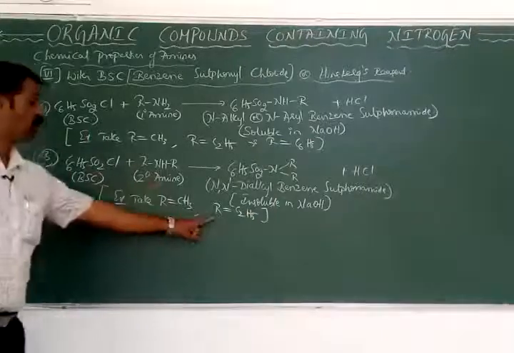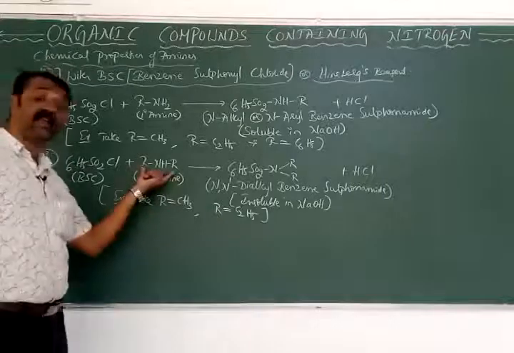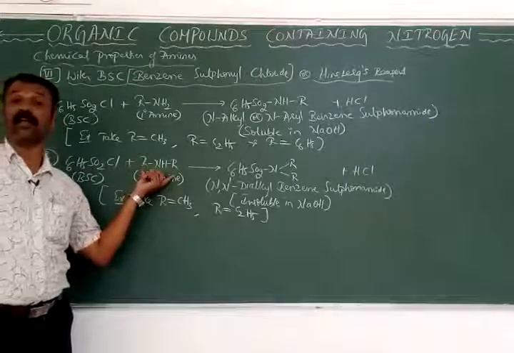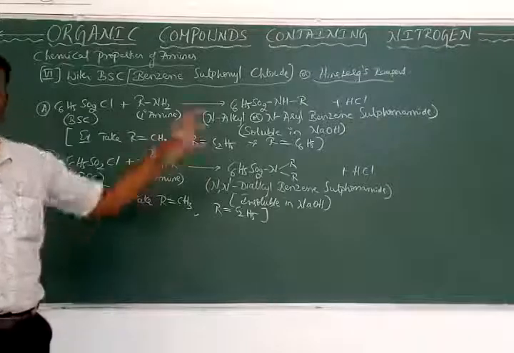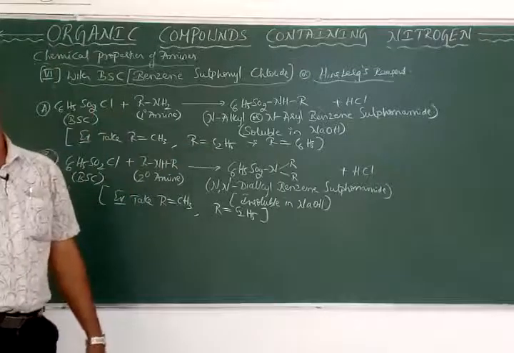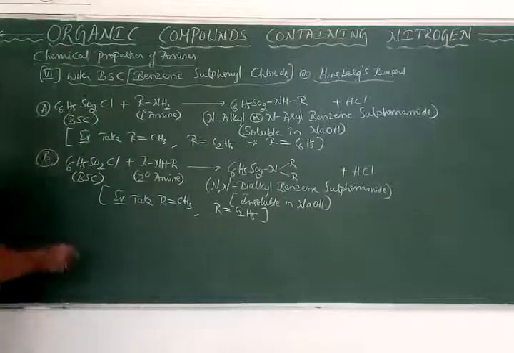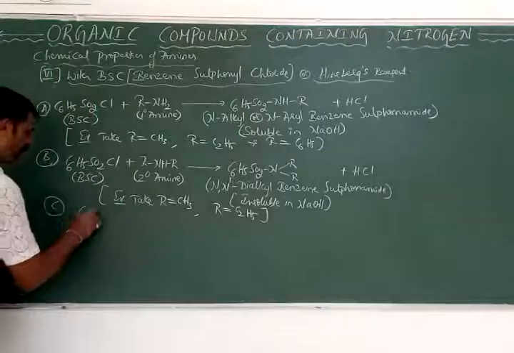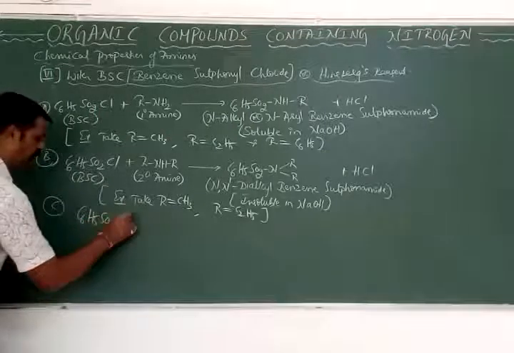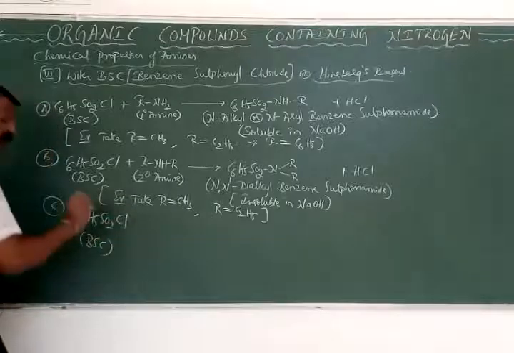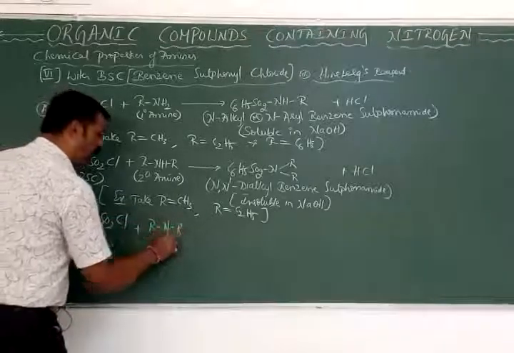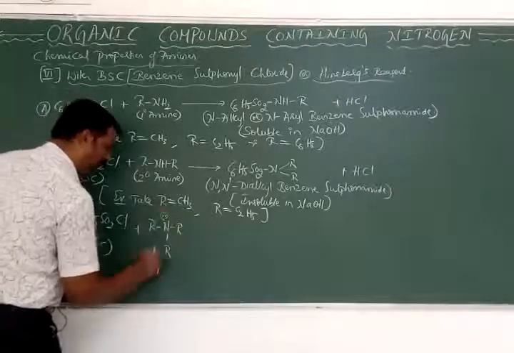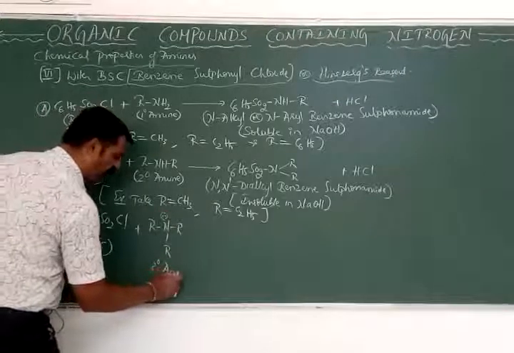If I took R is equal to C2H5, it is called diethylamine. The product is N,N-diethyl benzene sulfonamide. Again, it is insoluble in excess of NaOH. Okay. Now we will have the same BSC, benzene sulfonyl chloride, plus R3N, a general formula for what amine?